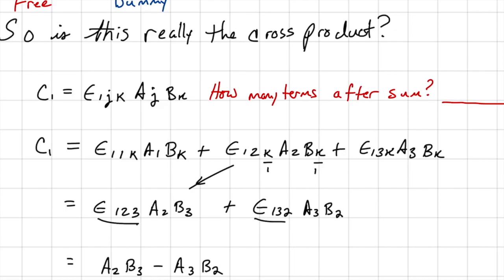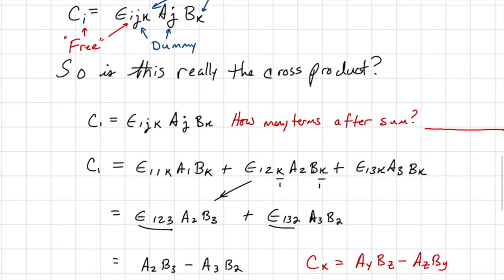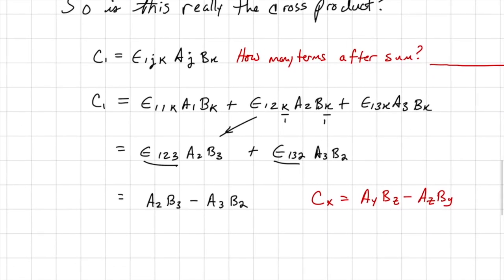This is now your cross product, which you might have seen in a slightly different form before. You might have seen this as Cx equals AyBz minus AzBy, and then you would look up the other components as well. Well, that's great. All of those things exist, and you can look them up if you want, or you can use your antisymmetric tensor to generate it.